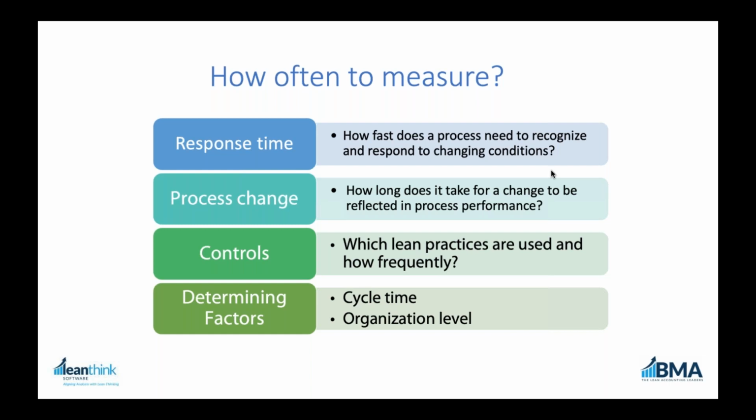Magazine publishing, you have a monthly cycle of publishing a magazine, but there's lots of daily and weekly activities. So you have to determine how often to measure. It's all about feedback, and it's all about understanding when there's an abnormality, when we have to adjust the process.